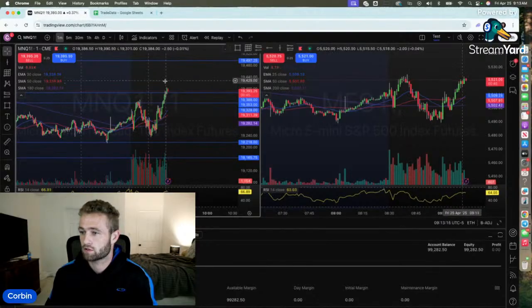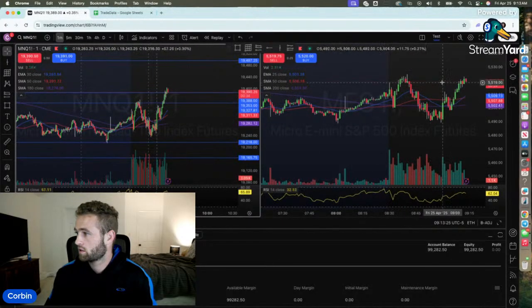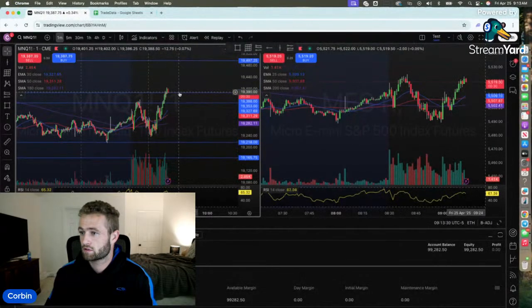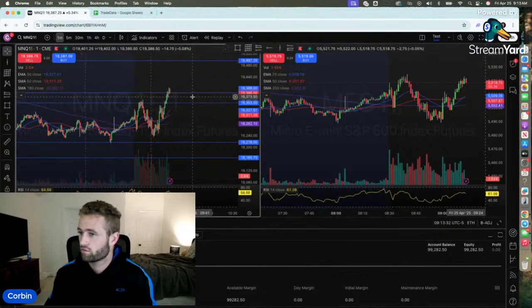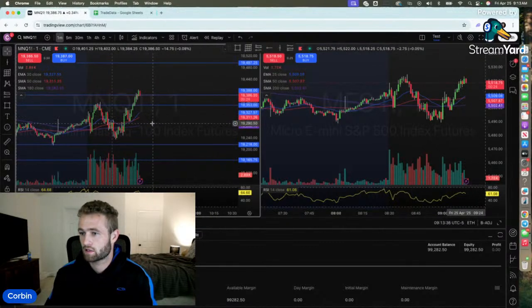But you can also see we're testing these levels here. Breaker block. Change of structure there. It really makes me want to go short again right here to catch this move down.